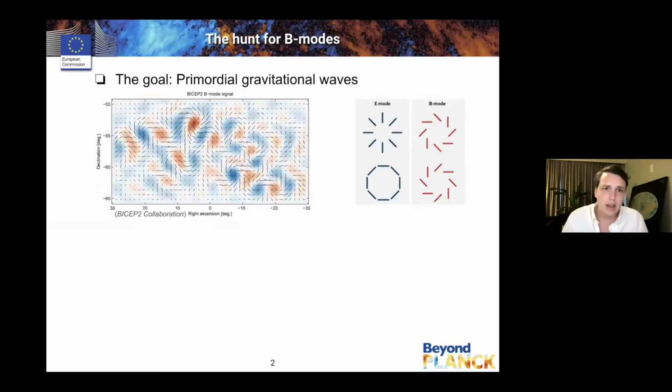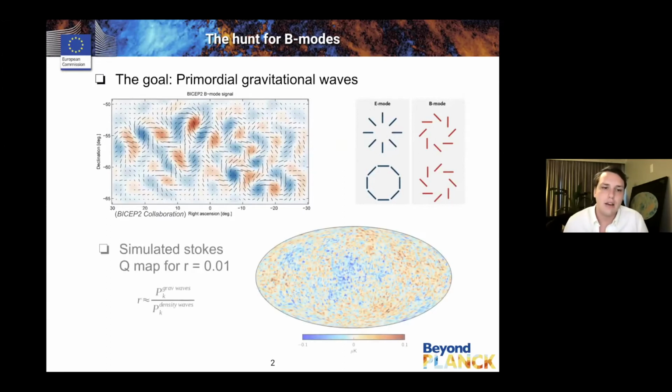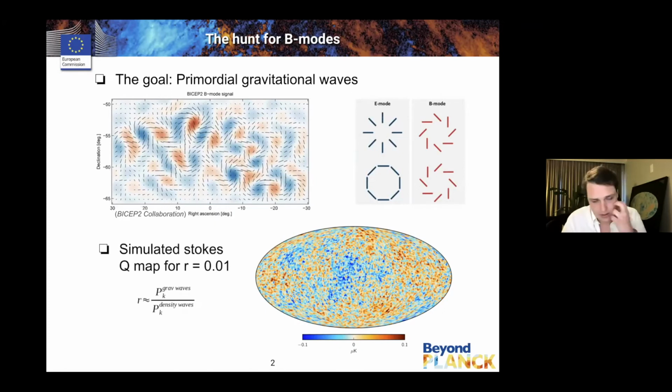So first, the overall motivation of this is, as you might have heard, finding the primordial gravitational waves. And the reason we're interested in foregrounds is evident when we look at what a B-mode signal looks like for an optimistic prediction of r equals 0.01, a tensor to scalar ratio here.